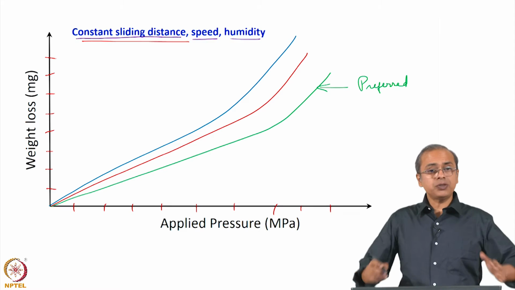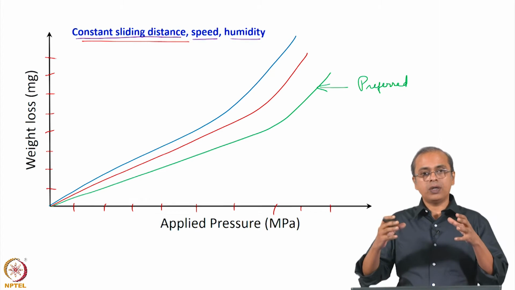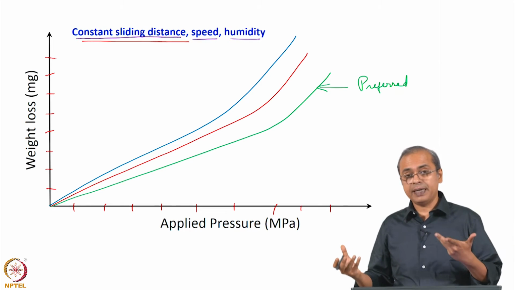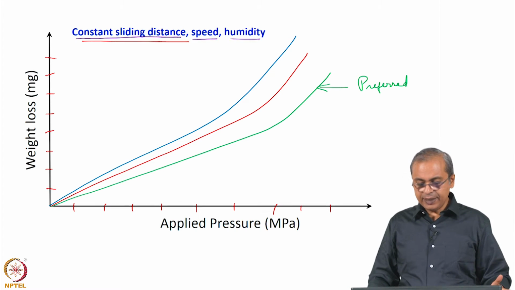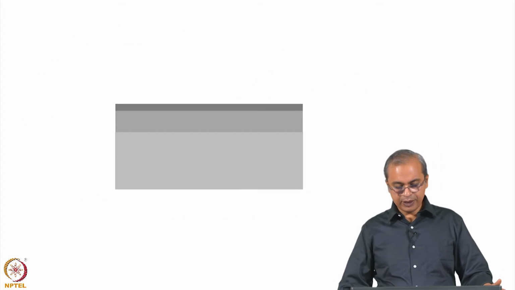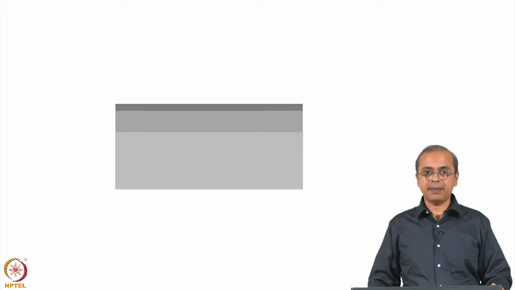Now, why should the weight loss be high or low, or why might it end up being the same? These are things we need to think about, and to understand that, it is important to look at what is happening to the sample.